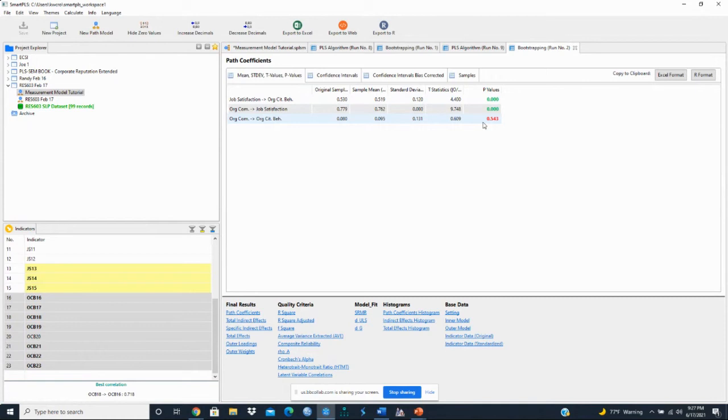That tells us we have full mediation. We can look at our specific indirect effects and confirm that. We see our relationship from organizational commitment through job satisfaction to organizational citizenship behavior is significant at the less than 0.001 level. That's full mediation. That's the main thing we're looking at.